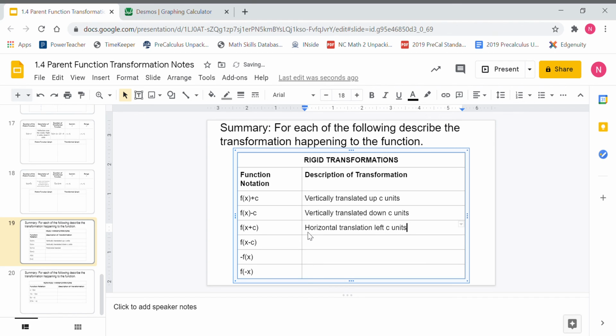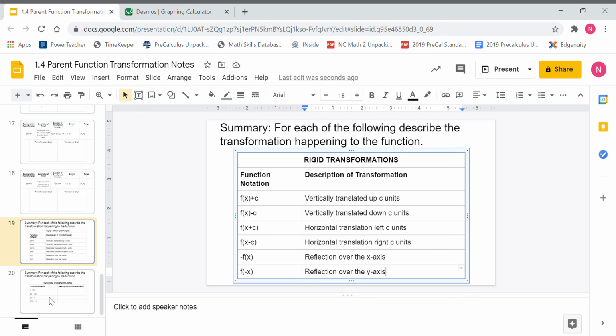Left c units when it's addition, and right when it is subtraction. If there's a negative in front of the entire function, it's a reflection over the x-axis. And if it's with your x, it's a reflection over the y-axis. So that one is really difficult to see, just the difference when you've got your function. And so if you are confused, just graph it and check just like we did.